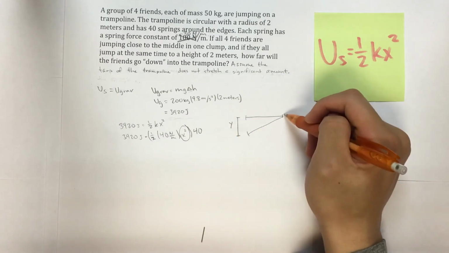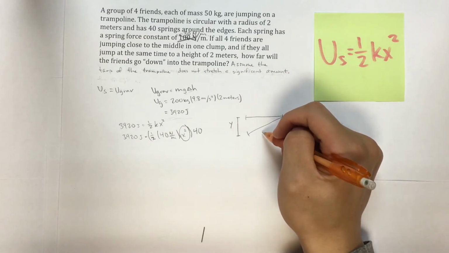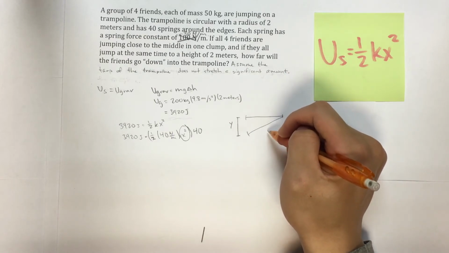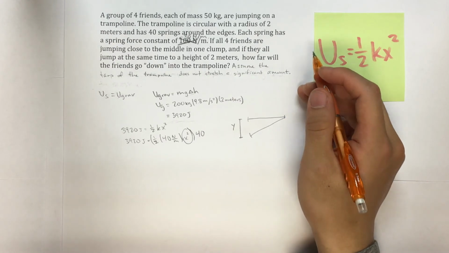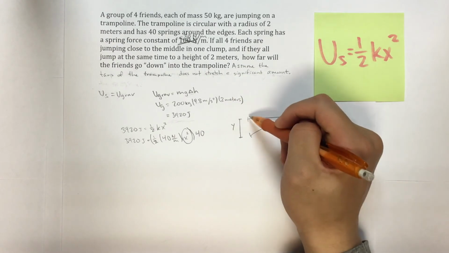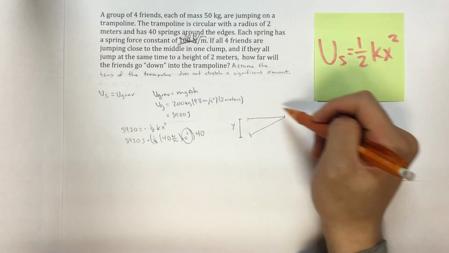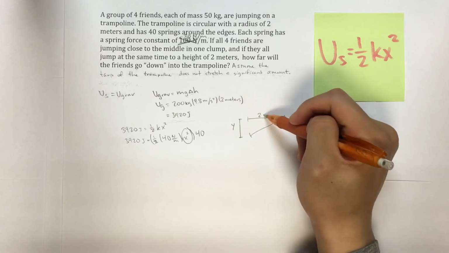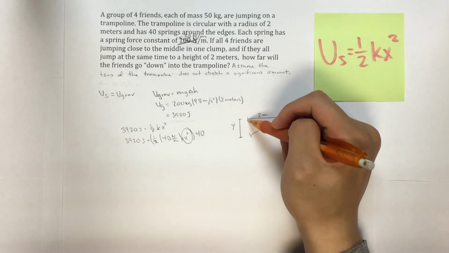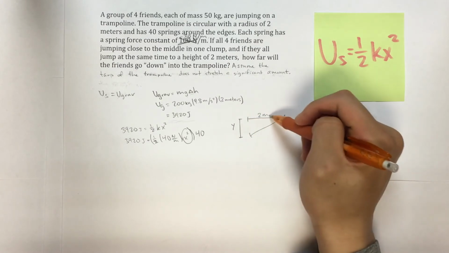This value right here will be the length of the spring plus however much it is displaced. For the purpose of this problem, we know that the radius of the trampoline is 2 meters. So we can assume that the length of this leg will be 2 meters as well.